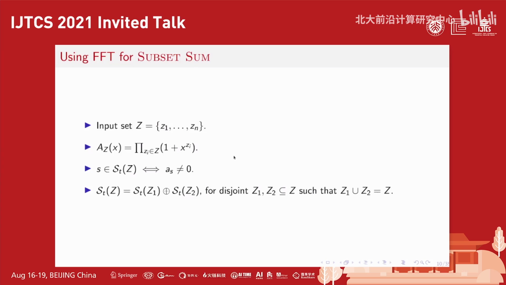Additionally, if we can recursively compute the set of subset sums of Z1 and Z2, which partition our input set Z, then if we perform a pairwise sum operation between those two sets of subset sums, we can retrieve the set of all subset sums of our initial input set Z.